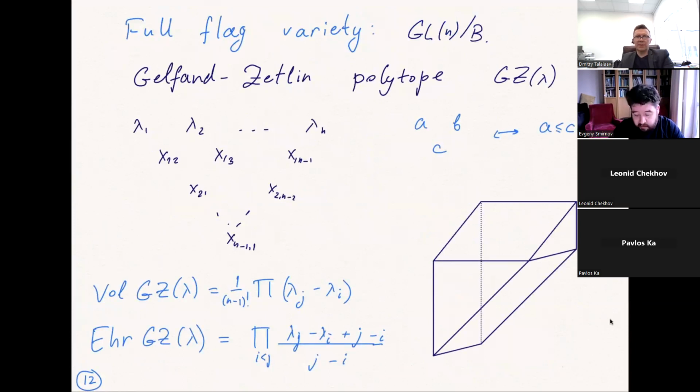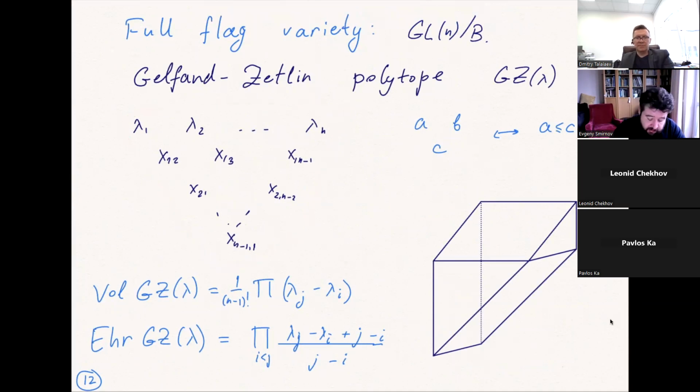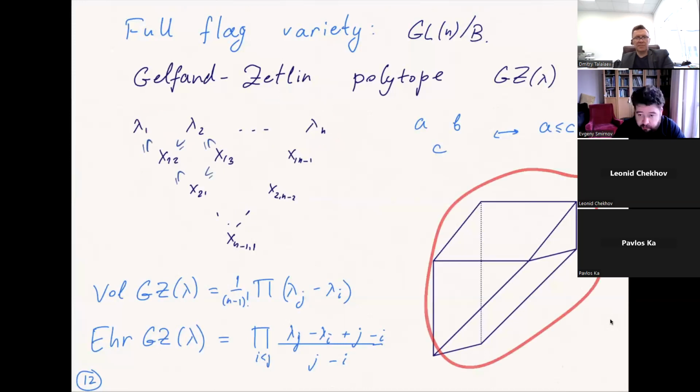You need to take the Gelfand-Zetlin polytope, which is defined by a bunch of inequalities. So you need to take a triangle table. You fix some initial values, lambdas, and then you take inequalities defined by this triangle table, and so on and so forth. You get a polytope. Well, for 3 dimensions, it's written here, and in 6 dimensions, I cannot draw it.